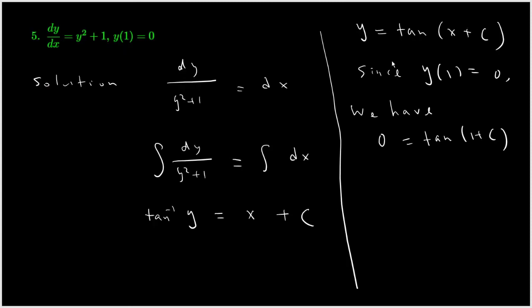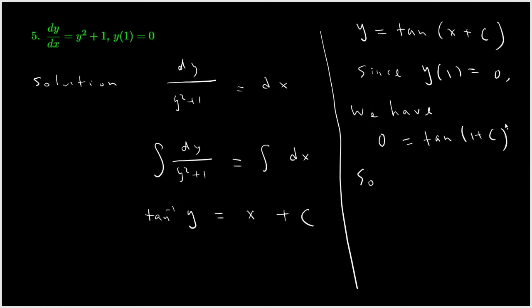Am I lost? Again, it means the y value is 0 when x value is 1. So we have tan of an angle. Now you treat the whole thing in brackets as an angle. When the value of tan is equal to 0, 1 plus c has to be 0.